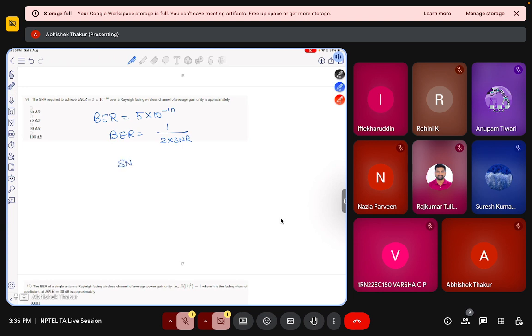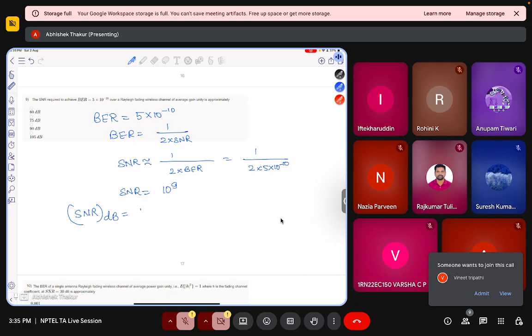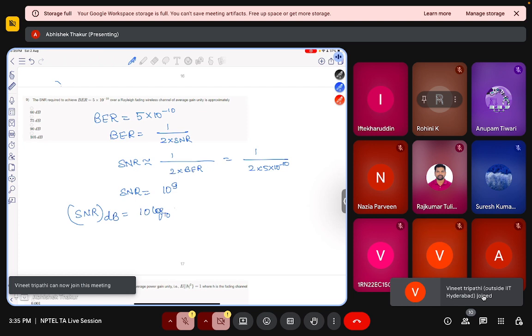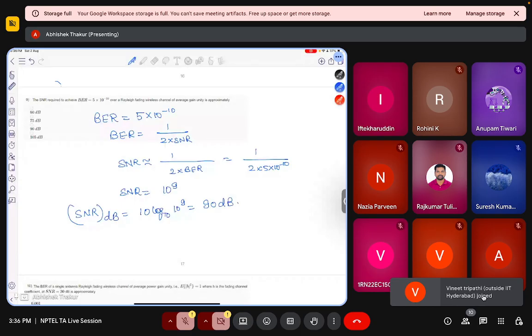So our SNR will be 1 by 2 into bit error rate. So we can write this as 1 by 2 into 5 into 10 to the power of minus 10. So now SNR will be 10 to the power of 9. So we can convert it into dB. So SNR in dB can be written as 10 log 10 into SNR. So SNR is 10 to the power of 9. It will be 90 dB. So option C is the correct answer for this question.